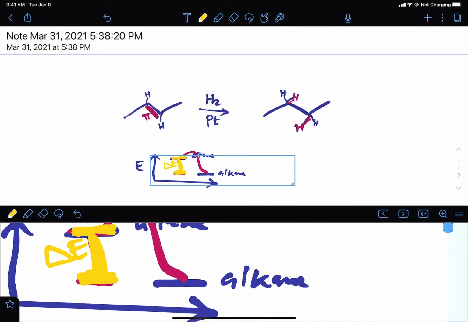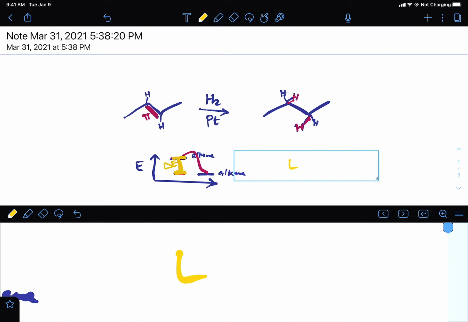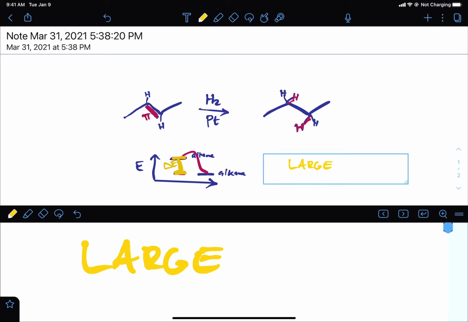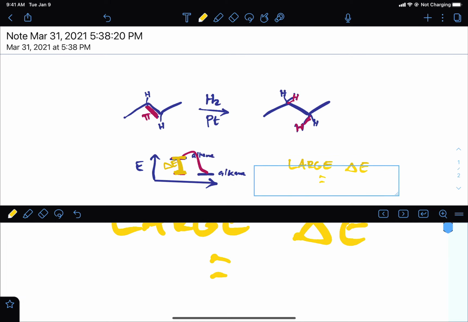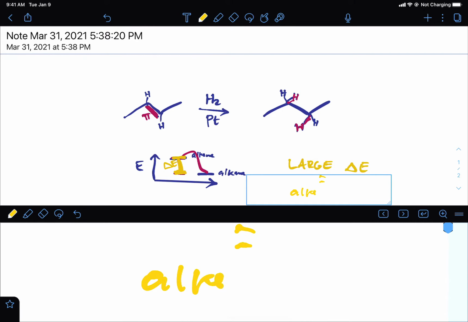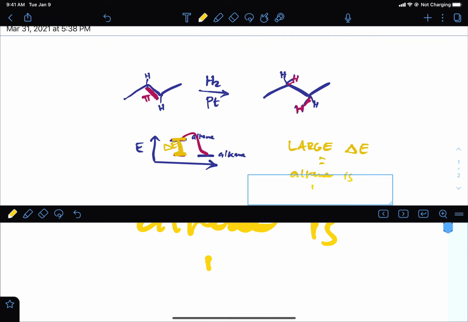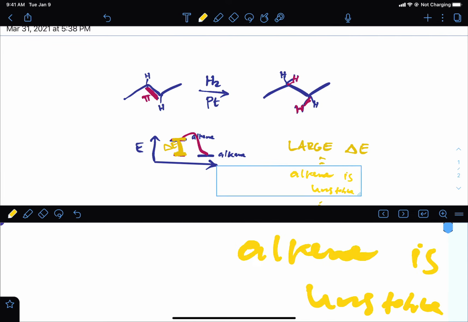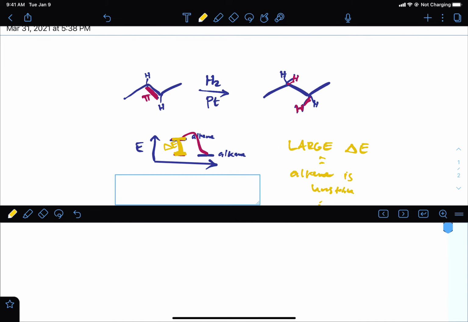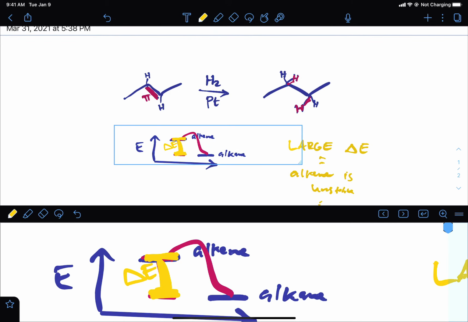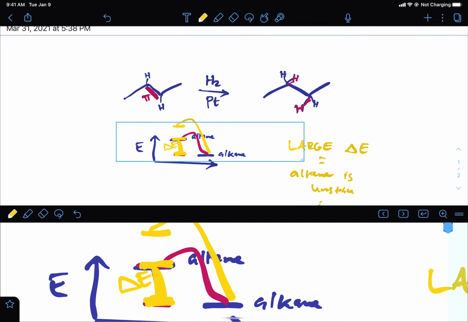All right. So this is very interesting because a large delta E means that the alkene is unstable. Right? In order to have a large delta E, your starting point has to be very high so that our change is very large. Okay?